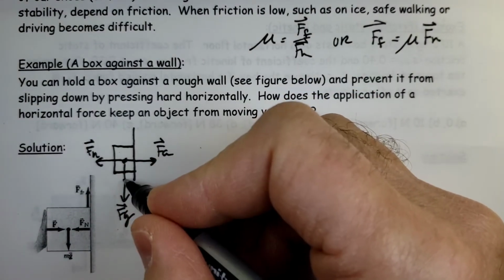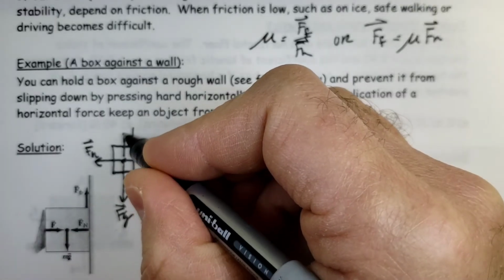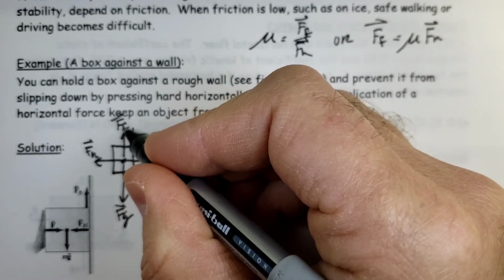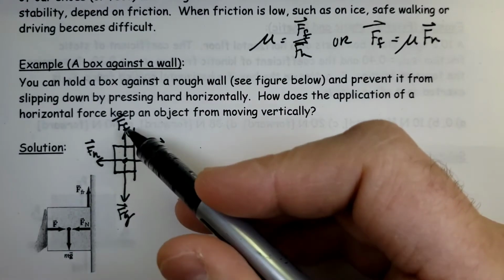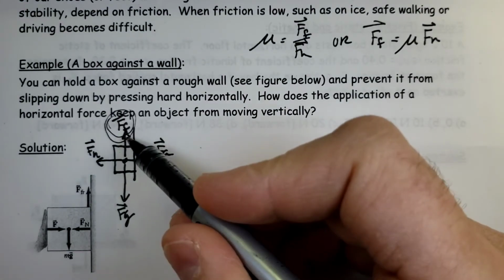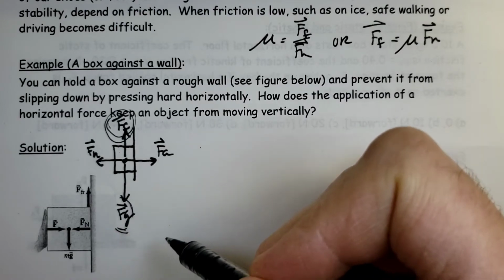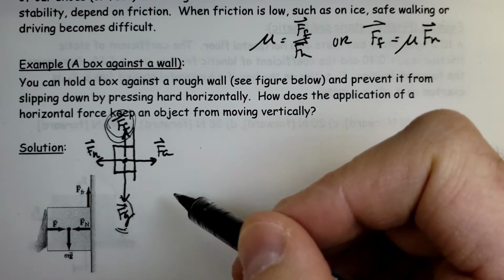This box is going to want to fall down, so friction is actually working against Fg. It's a different scenario here than we're used to. So I'm going to want to increase this so that it's equal to Fg, or maybe even greater.